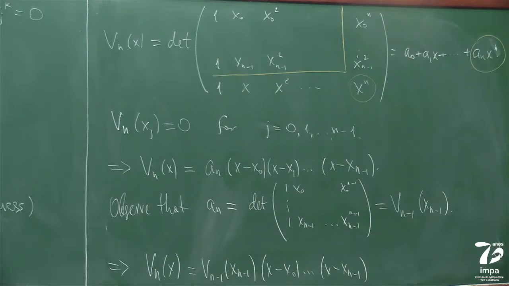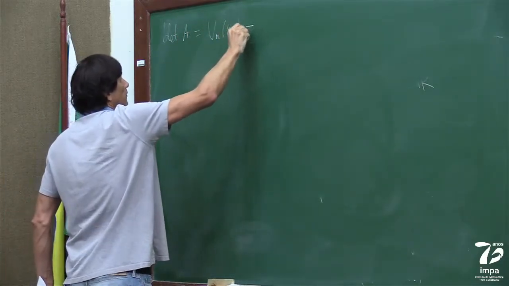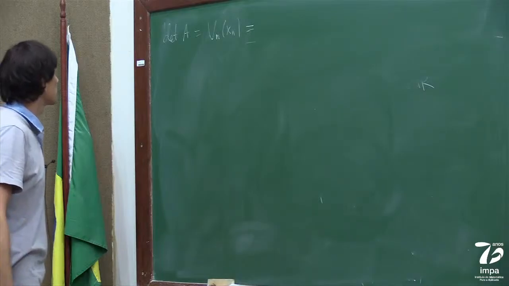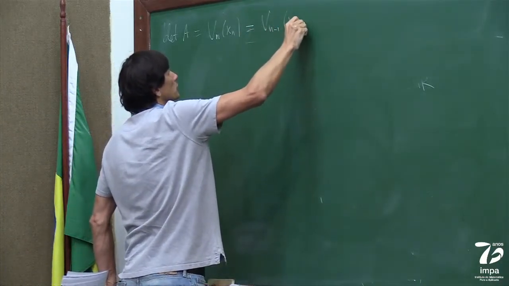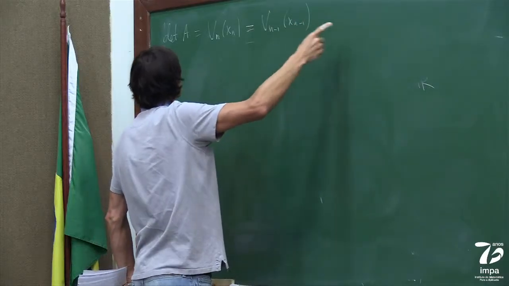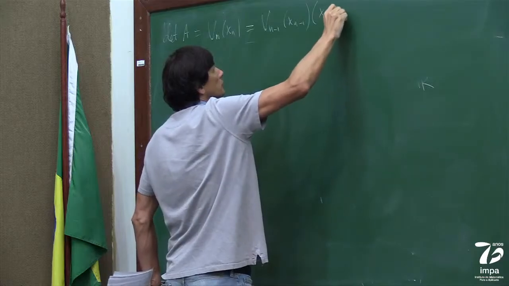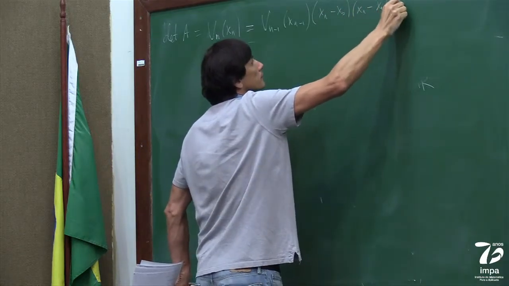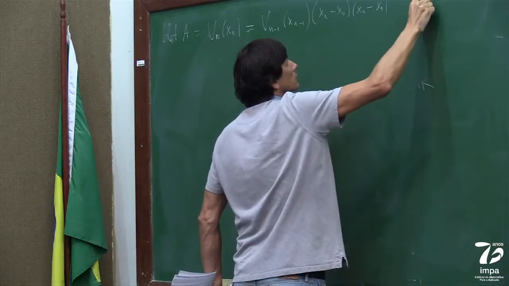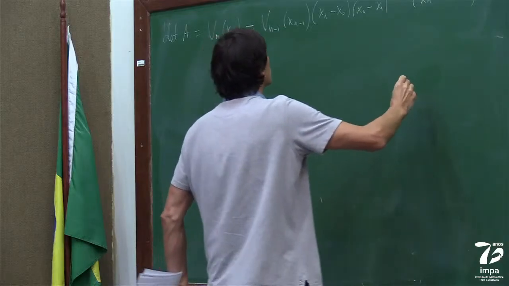So the determinant of A is Vn of xn, and it is Vn minus 1 of xn minus 1 times all these products, so xn minus x0, xn minus x1, up to xn minus xn minus 1.